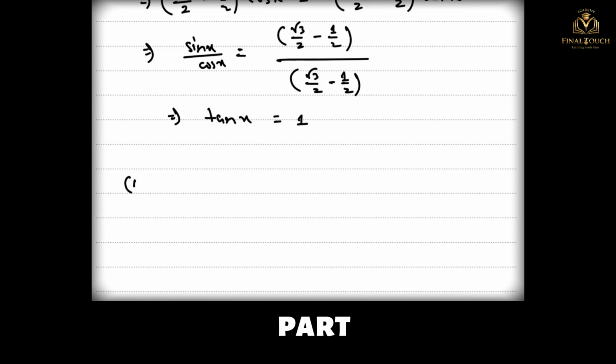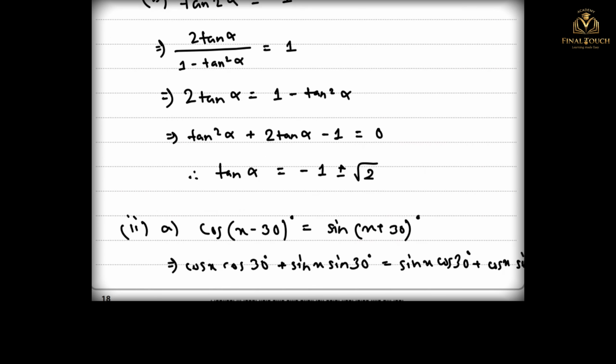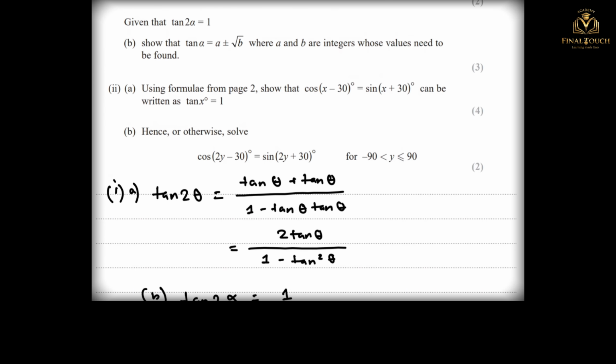Coming on to part B. Hence or otherwise solve cos 2y minus 30 is equals to sin 2y plus 30. So if we compare this part with this part, they're both the same.